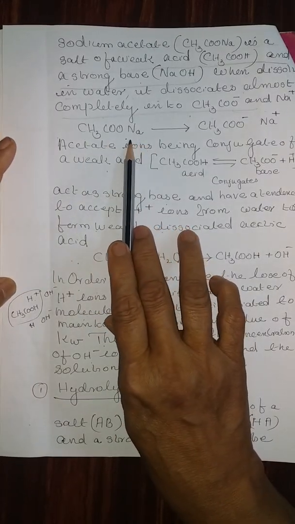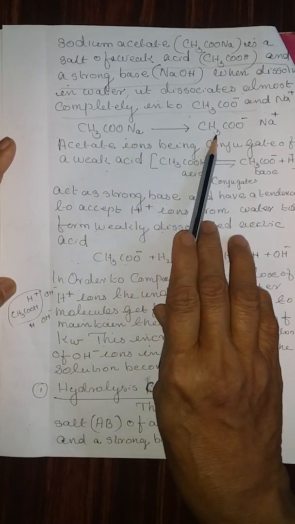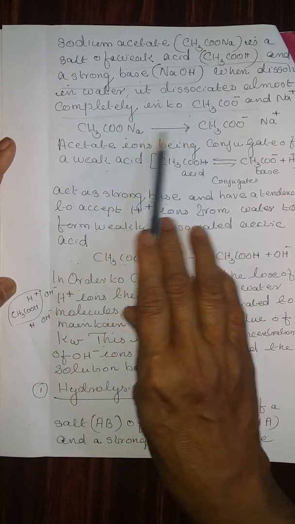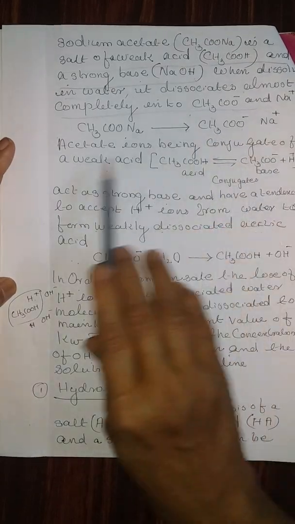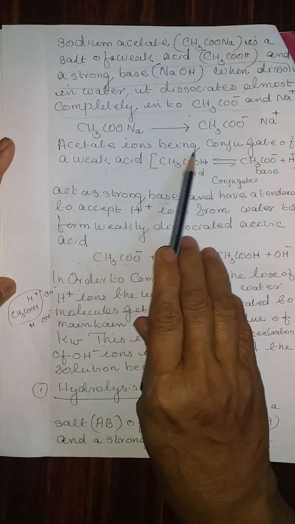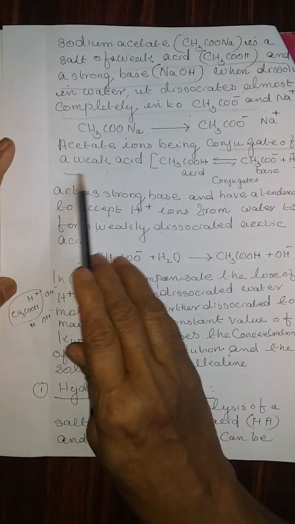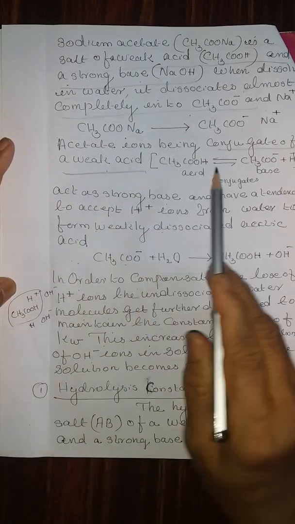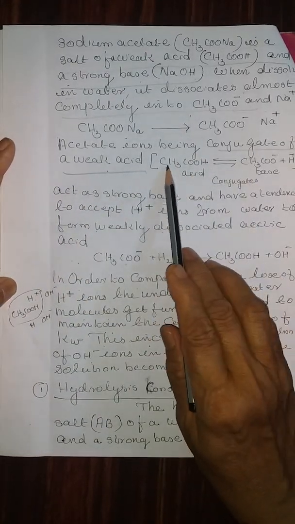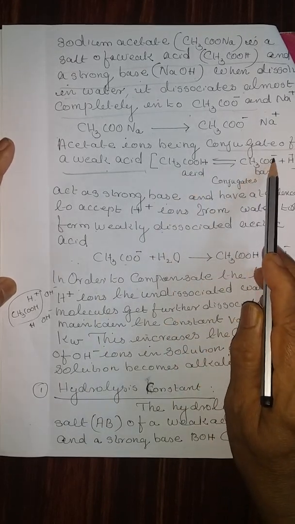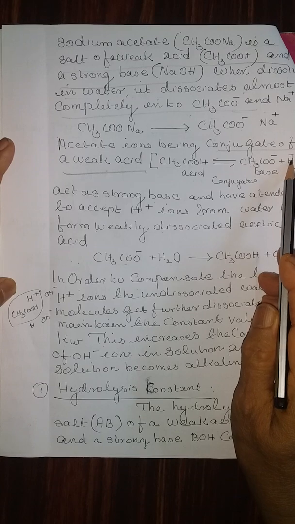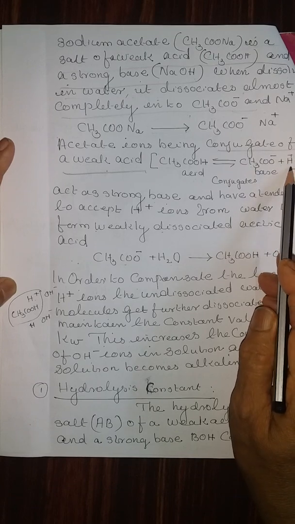CH3COONa is a strong electrolyte and dissociates completely, because of the one side arrow, into CH3COO- and Na+. Acetate ions, being the conjugate of a weak acid, that means acid and base. Acetic acid is an acid and CH3COO- is formed by liberating an H+ ion.